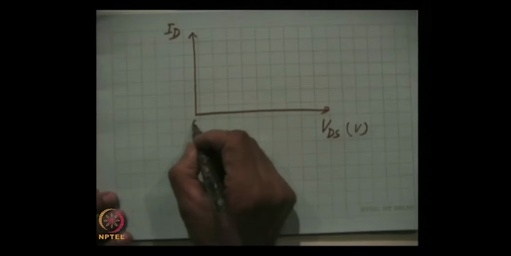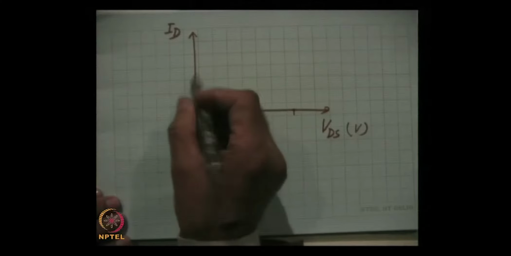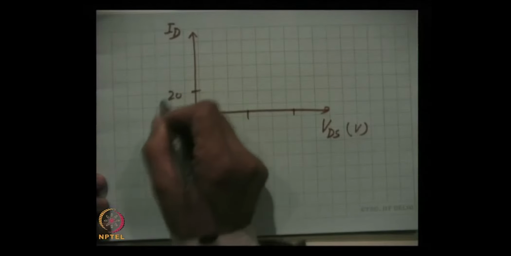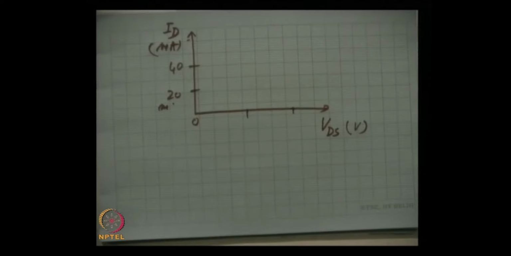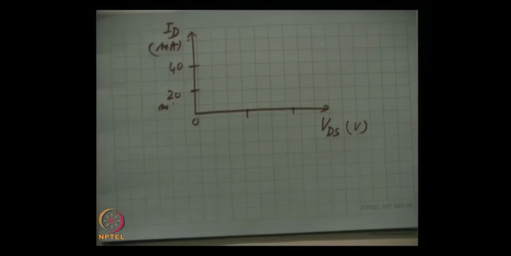This is 0 volts and this is 5, 10, 15, and here this may be 20 milliamperes, 40 milliamperes, 60 and so on, depends on the device. This can be 100, 200, 300 milliamperes and the voltages can be 30, 60 and so on.